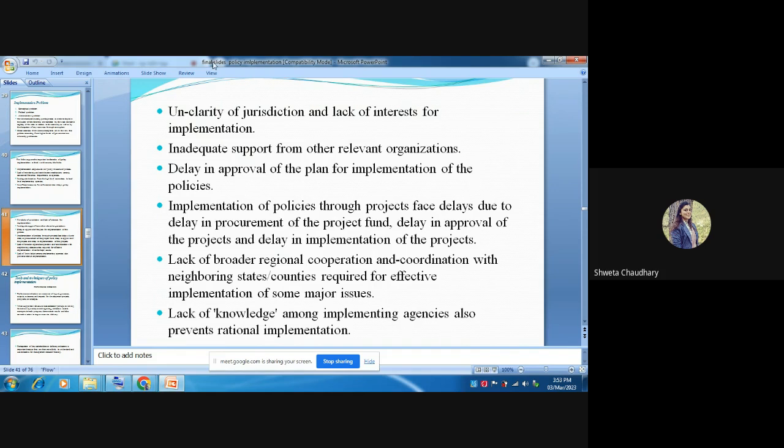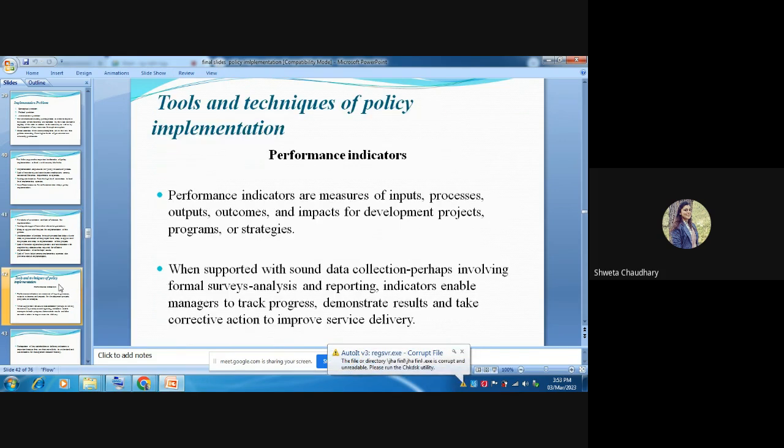So there is a long list of implementation problems. Then we come to tools and techniques of policy implementation.